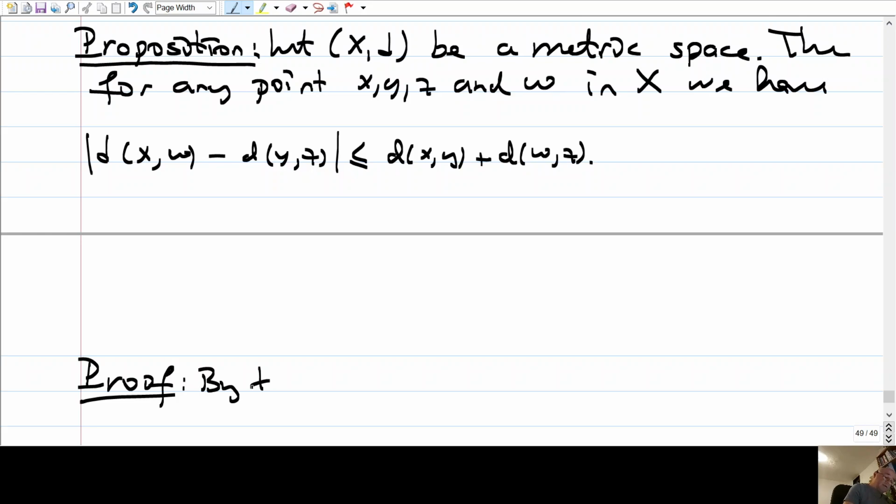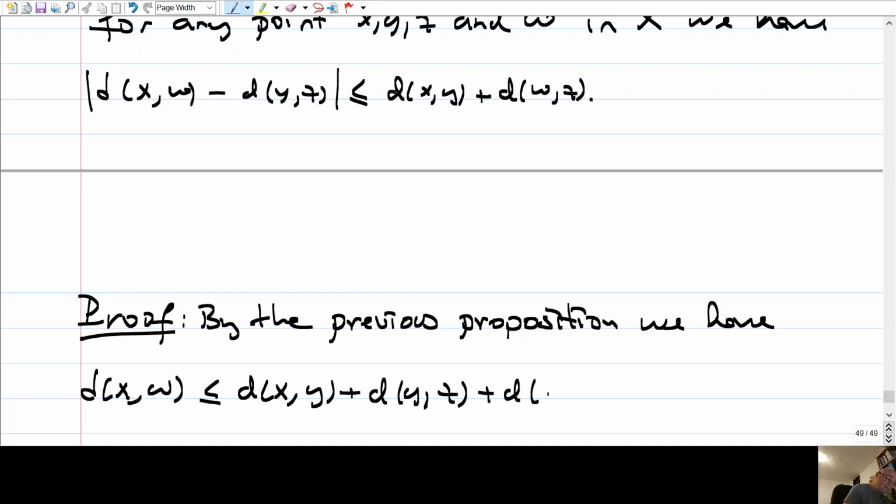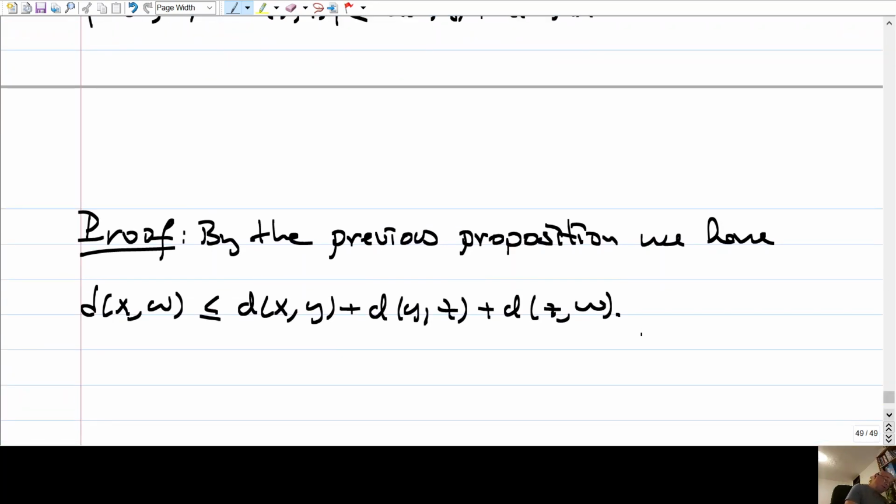So by the previous proposition, we have this: the distance from x to w will be less than or equal to the distance from x to y, y to z, and z to w, right?